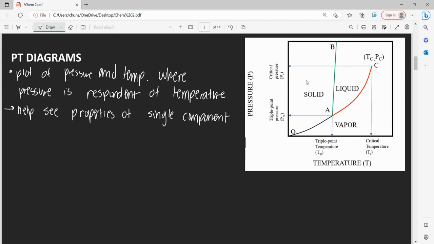Okay, so there's a couple things to talk about. We have a few different regions here. I'm going to highlight them. So everything in this green shaded region is a solid at a specific temperature and pressure. This is solid right here.